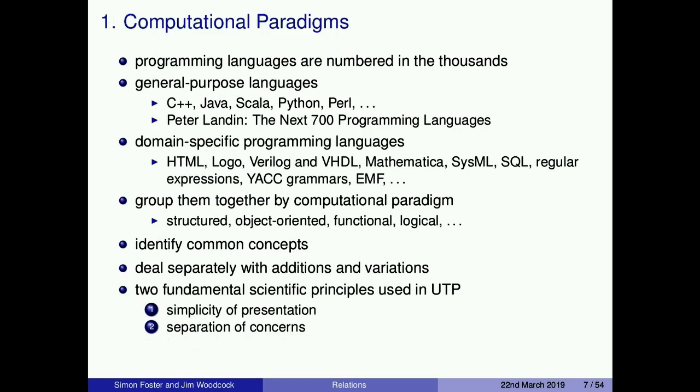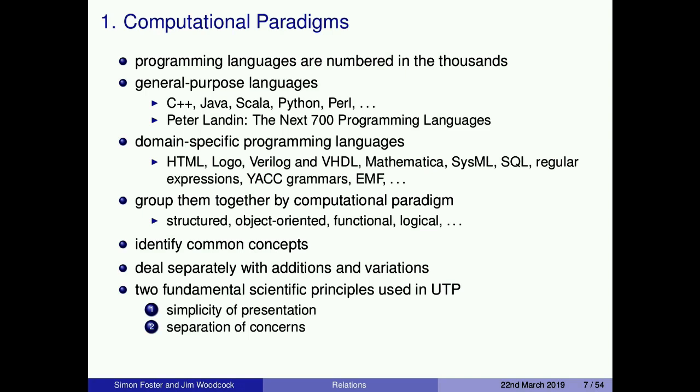So computational paradigms. There are lots and lots of programming languages, numbered in the thousands. Peter Landin wrote a paper called The Next 700 Programming Languages. There are general purpose languages like C++, Java, Scala, Python, Perl, on it goes. And as well, domain-specific programming languages: HTML, Verilog, Mathematica, SQL, to name a few.